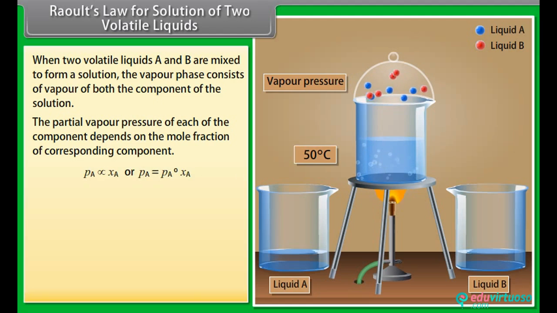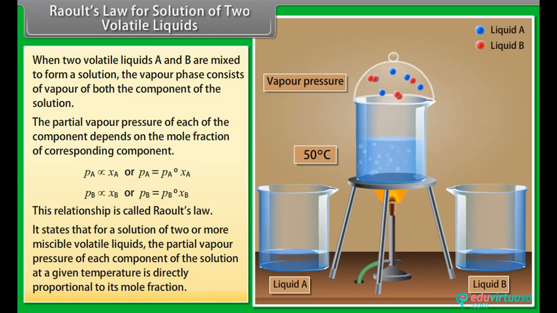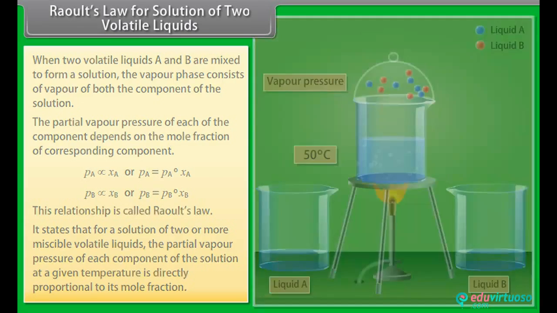PA = P°A × XA, and PB = P°B × XB. This relationship is called Raoult's Law. It states that for a solution of two or more miscible volatile liquids, the partial vapor pressure of each component of the solution at a given temperature is directly proportional to its mole fraction.